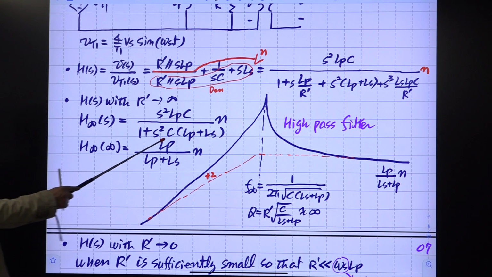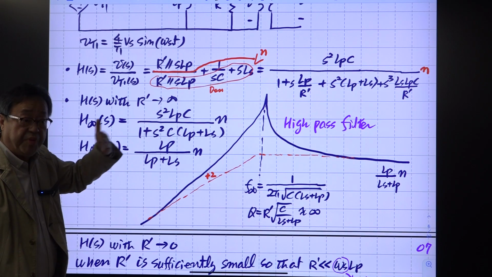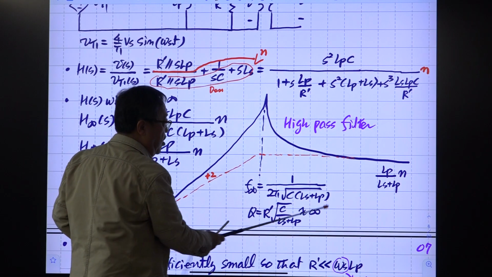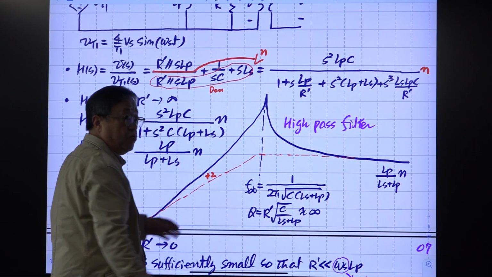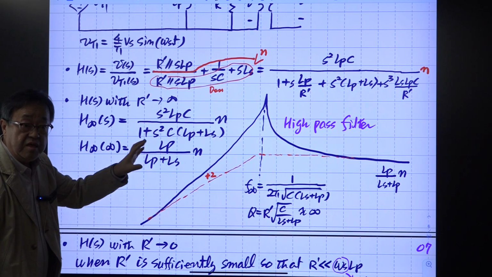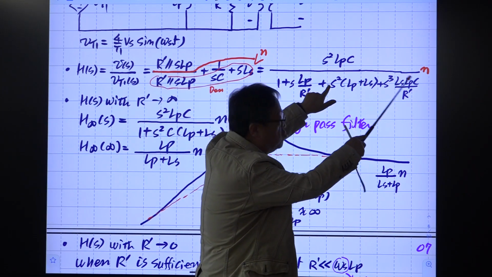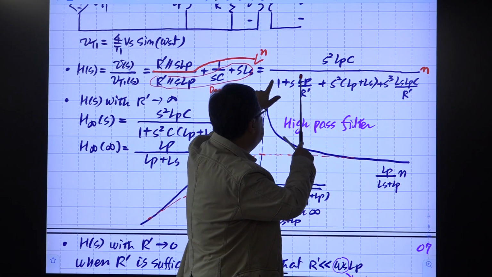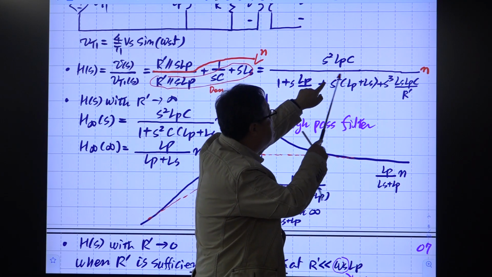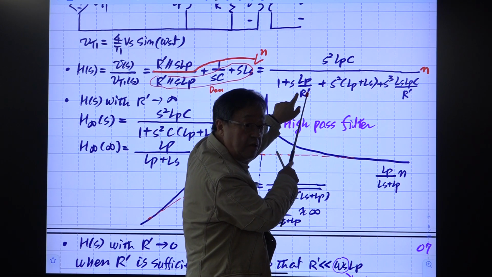Here this S term is missing, which means we have infinite peaking. So Q is infinity. If this R is not infinity but very large, then this denominator can be factorized into two terms. The first one is a first order term, the second one is a second order term. So this creates a pole.